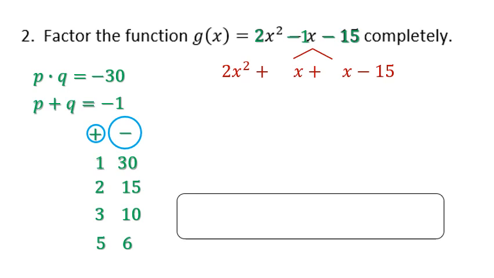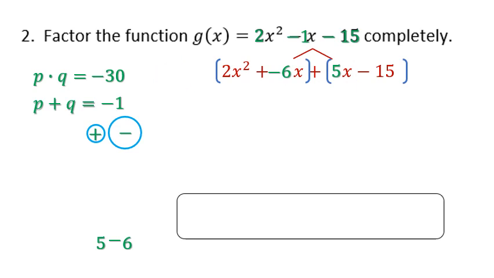So if we take all of these bigger terms and make them all negative, now I should be able to find the pair of numbers that multiply to be negative 30. Which ones add to be negative 1? That's 5 and negative 6. I could put them in either place, but I usually put the negative first. It's going to make my life a little easier, fewer sign mistakes.